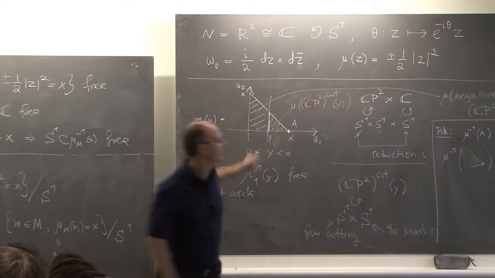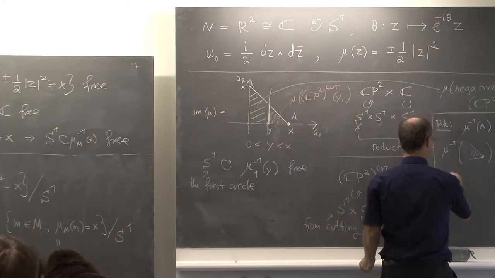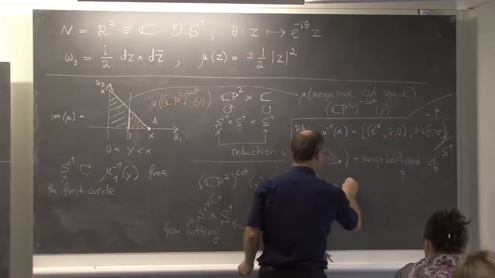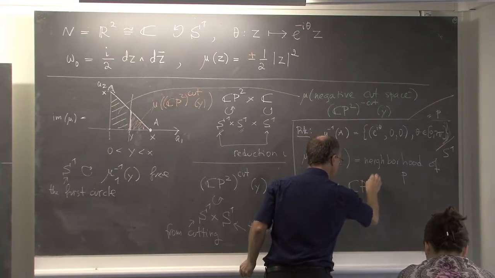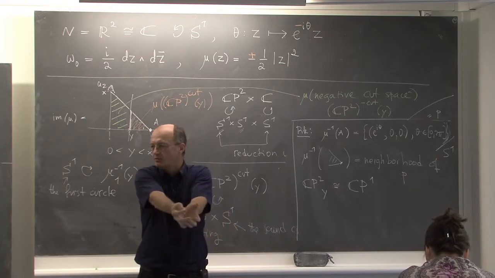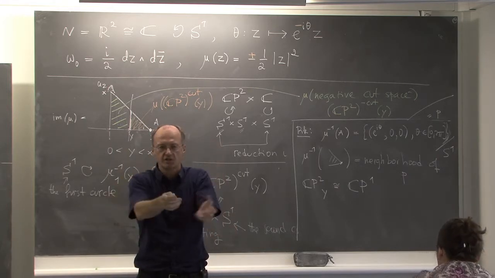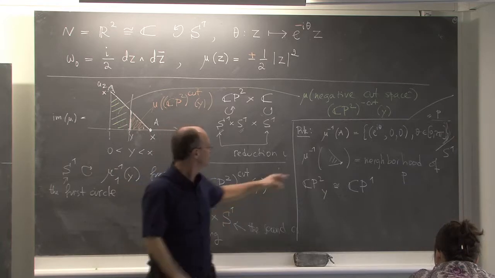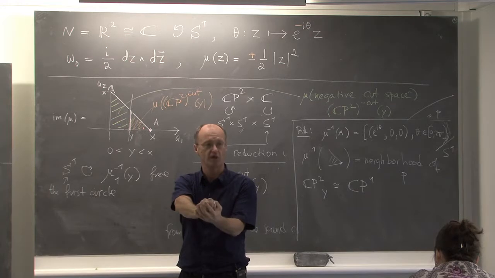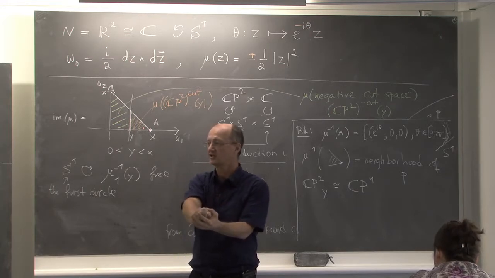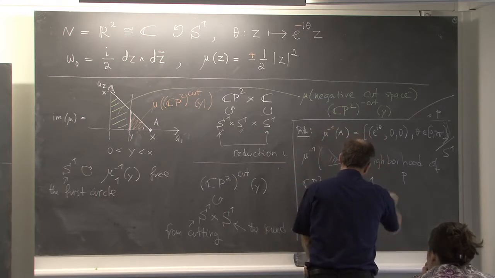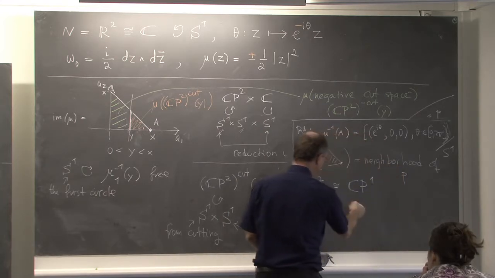The reduced space at y is again isomorphic to CP1. So we're taking away an open neighborhood, we can imagine it as an open ball around the point, and we're gluing back CP1. And that's exactly what is called a blow up.